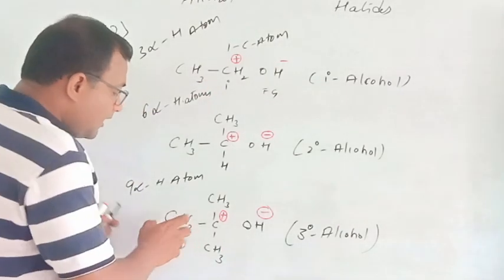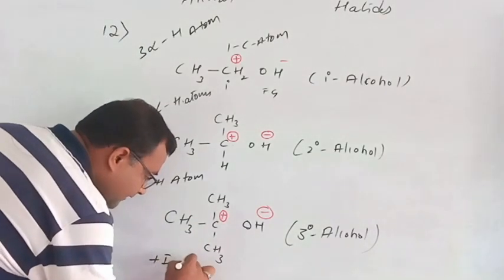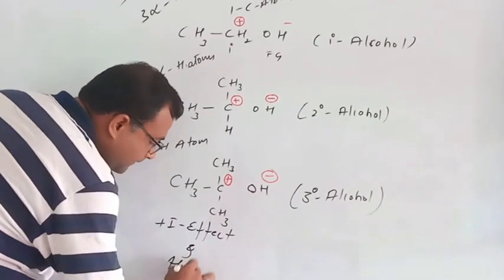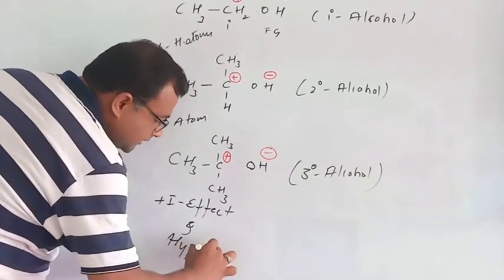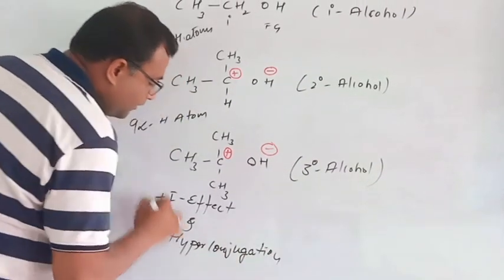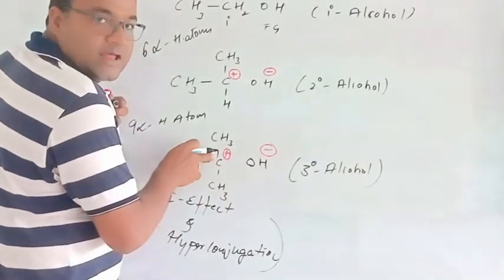Why? Because here two effects are acting, plus I effect and hyperconjugation. So in both, this is more stable and it releases a large number of electrons.